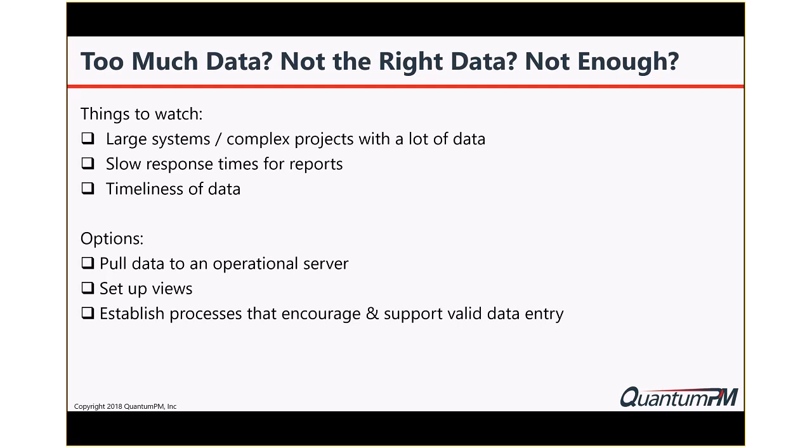Those triggers only went to the individuals who needed to do the updates, so we didn't end up spamming everyone in the organization. There are different ways to accomplish that sort of thing. Also some validation on data entry: making sure there's a baseline in place, and that when data is put in, the right data goes in the right places. In this case, it was very automated because it's such a large organization, but a lot of this can be done manually as well. So there are a lot of things you need to think through as you're setting up your system.